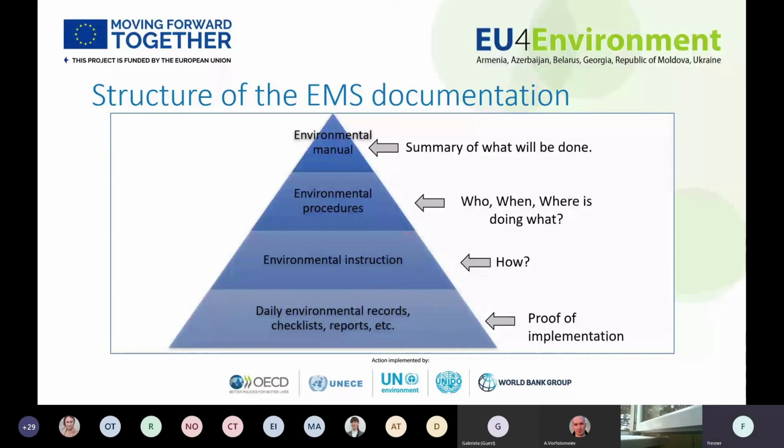The next level, the level below the manual, the level detailing the ideas which are explained in the manual, are the environmental procedures. And the procedures now describe who is exactly doing what, when, where.